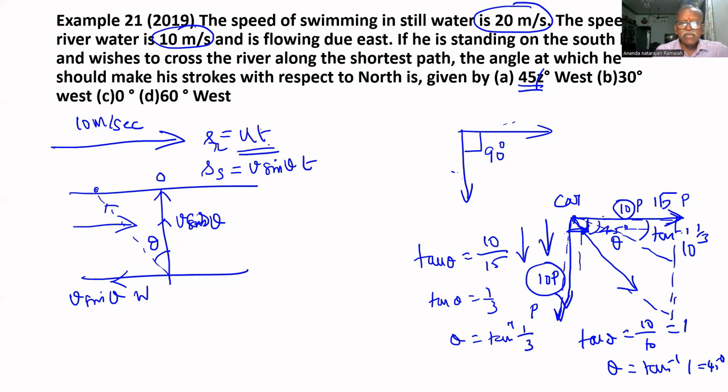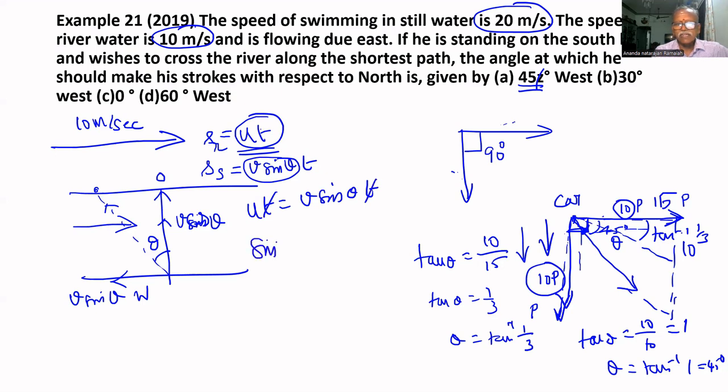Here, u t and v sin theta t are equal, because the river displaces by river velocity into time. In the same time, the displacement by the person is v sin theta multiplied by t. That's why u t equal to v sin theta multiplied by t. T gets cancelled.